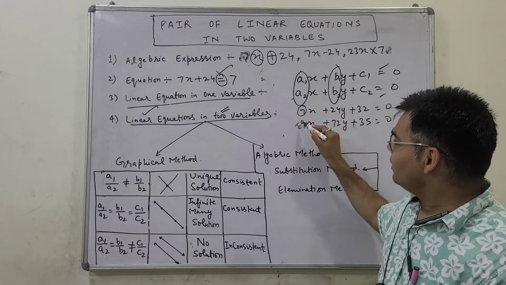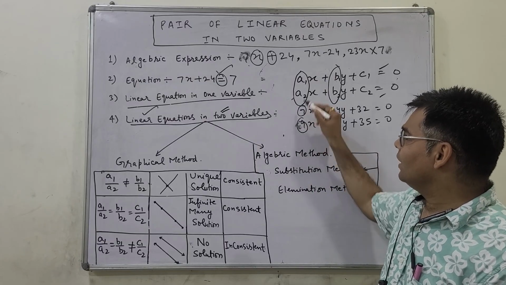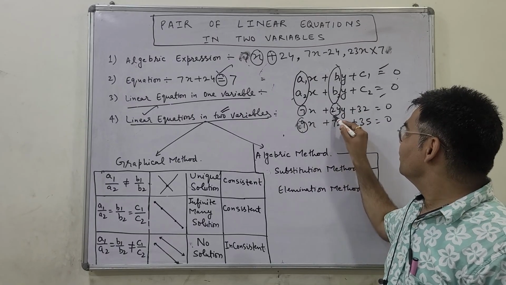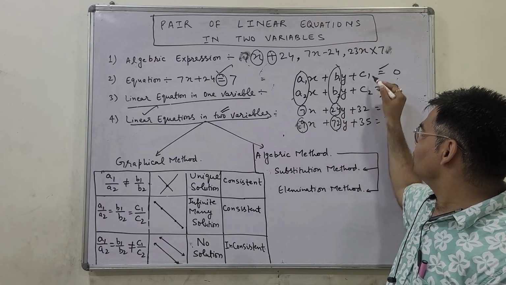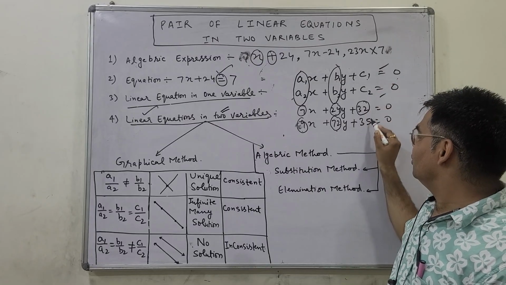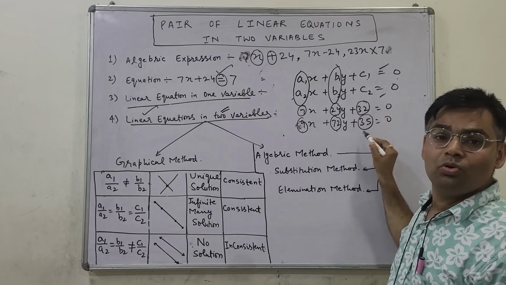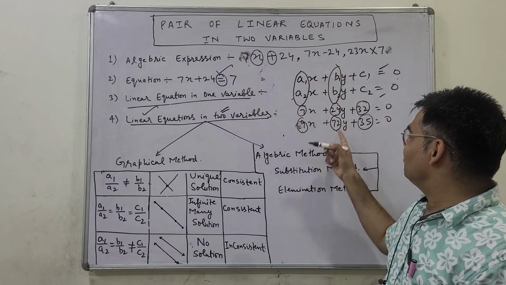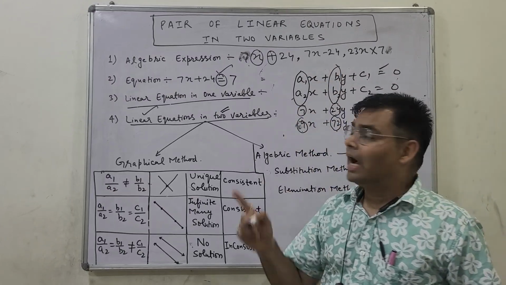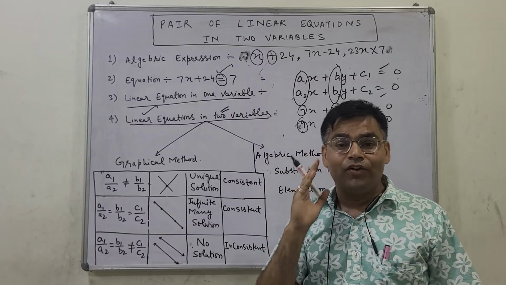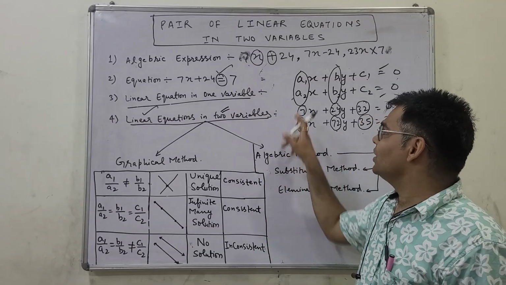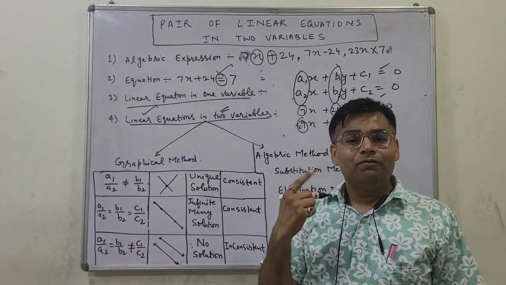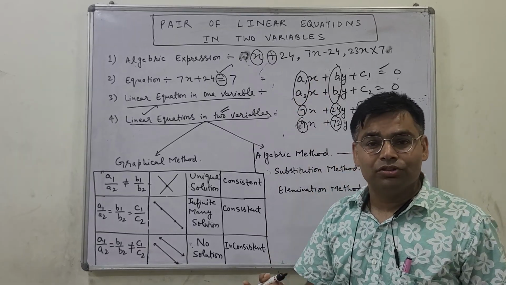Here A1 is 7, A2 is 9, B1 is 24, B2 is 72, C1 is 32 and C2 is 35. These are called A1, A2, B1, B2, whose values are fixed. The values cannot be changed. But the variables have the power that they can change their values.